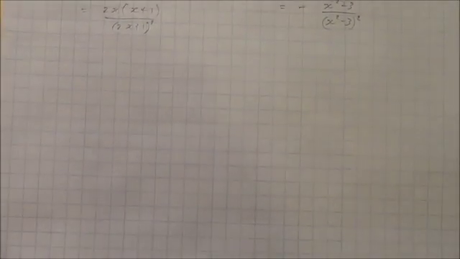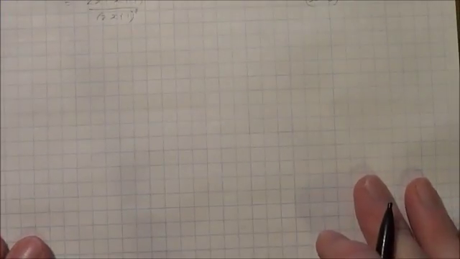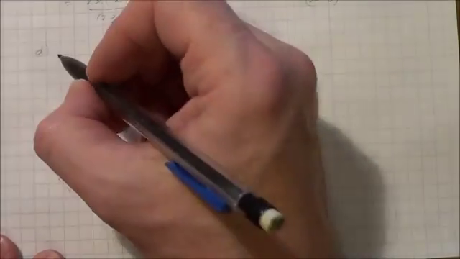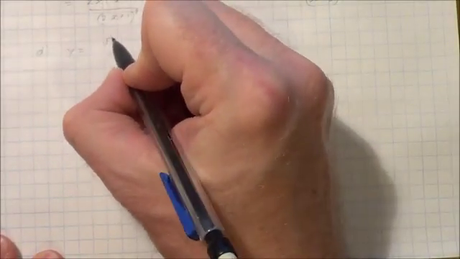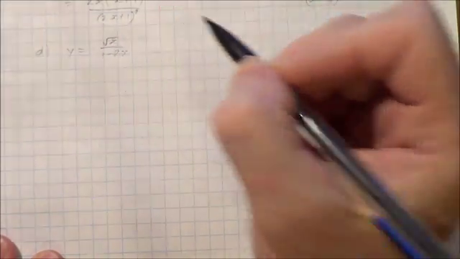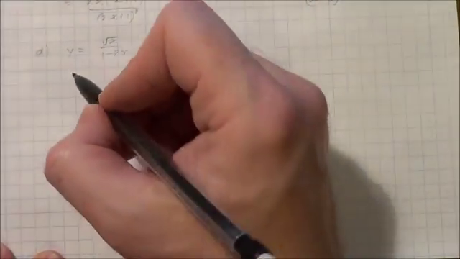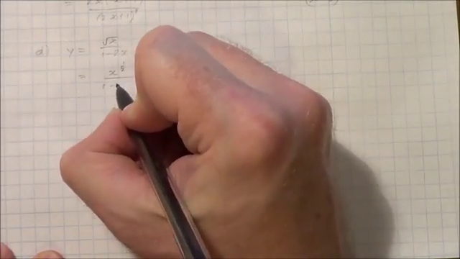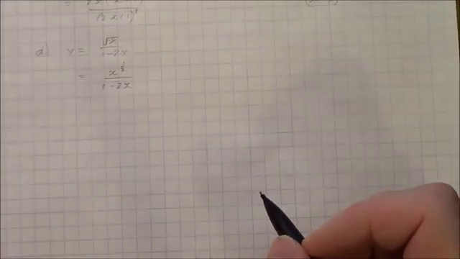Okay, so now I'm going to move on to question D. We've got y equals root x over 1 minus 2x. I'll change the form of this root x into exponent form, so I have x to the 1/2 all over 1 minus 2x.